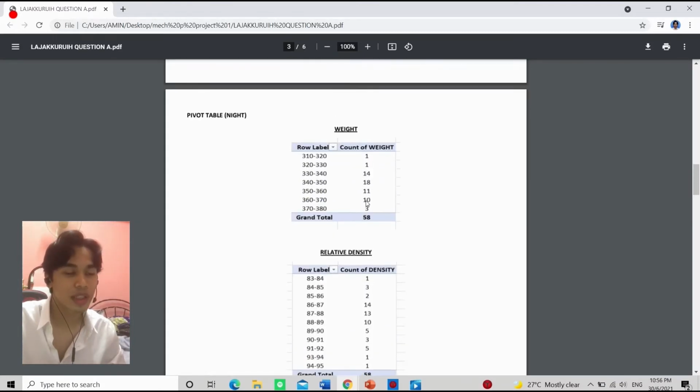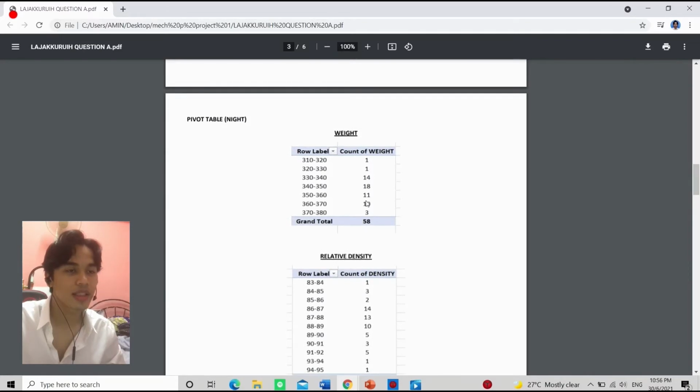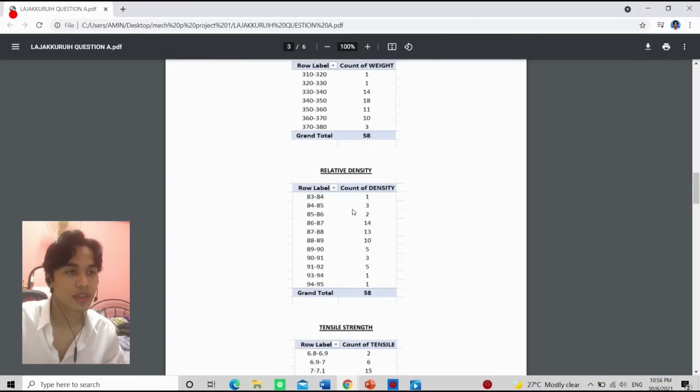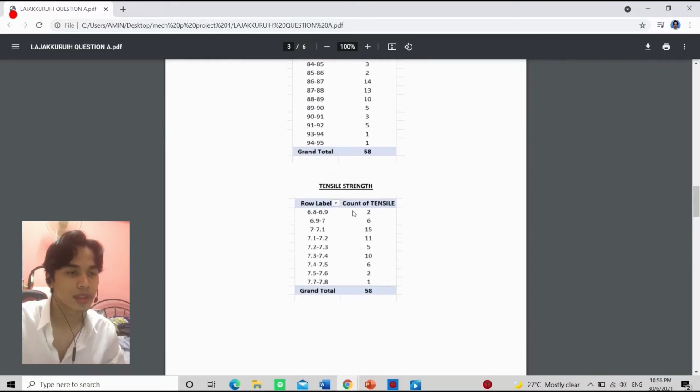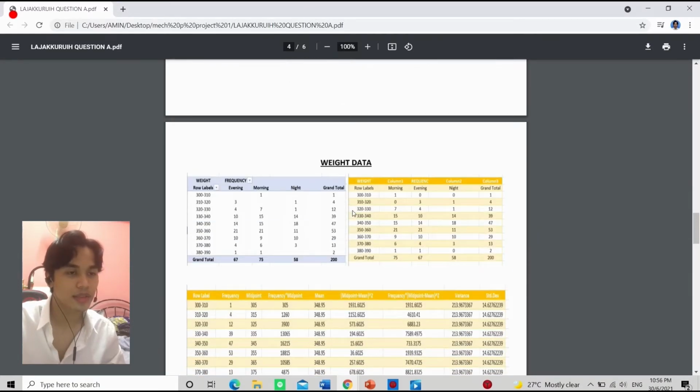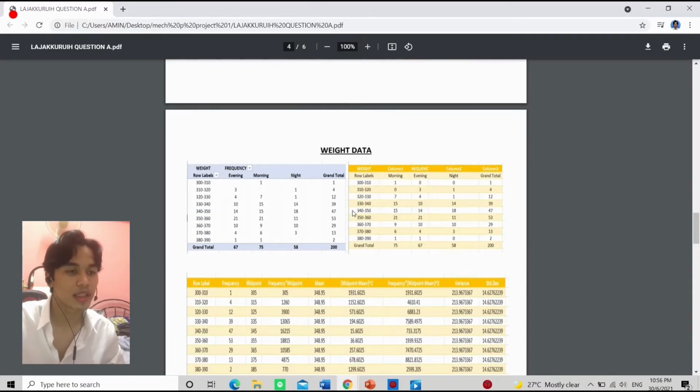The pivot table can also set the range for the data, as you can see here, the range for the row label and the grand total of the frequency. Next, for the weight data, we can find the frequency here for morning, evening, night and the total frequency for each of the row labels.